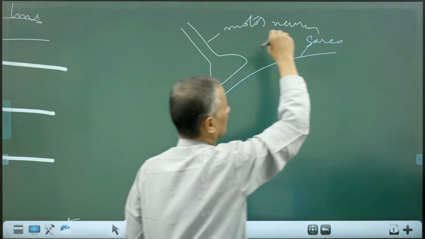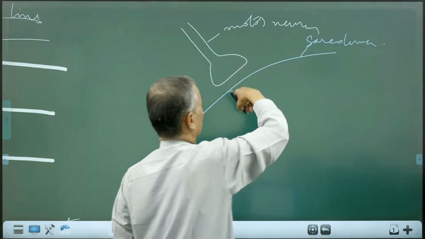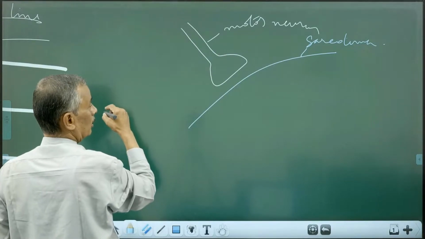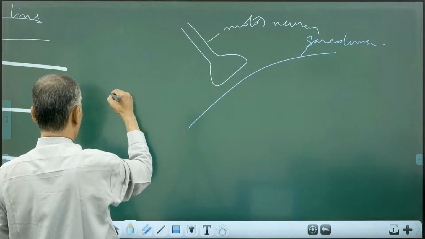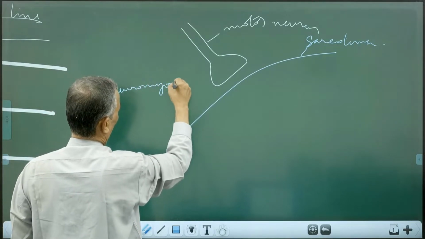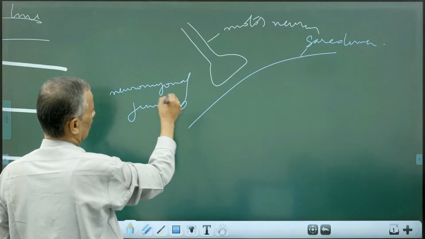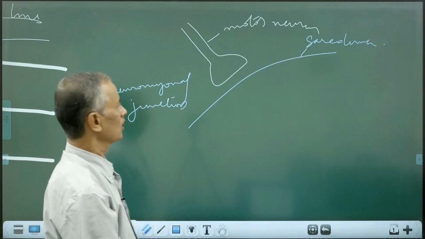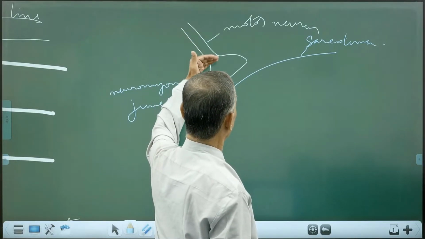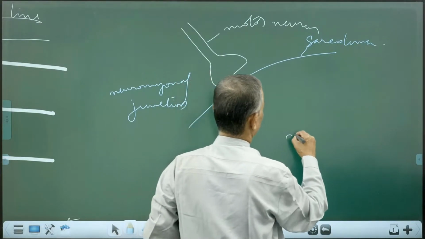This junction between the neuron and muscle is called a motor end plate or neuromuscular junction, consisting of a motor neuron and a muscle.